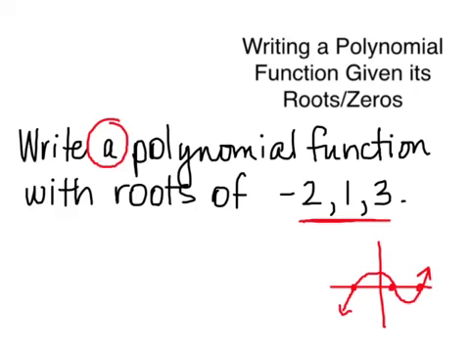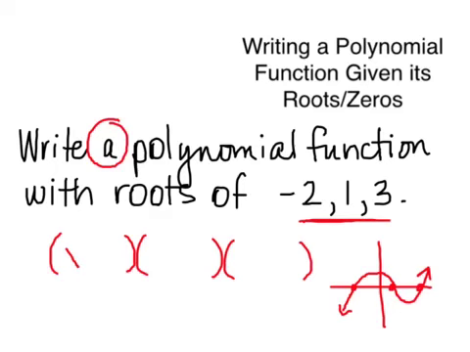So if you think about when we went backwards and found the zeros of the function or the roots of the function given the polynomial, we always tried to factor it first. And so we're just going to go backwards, and if we put these back into factors, think about what they would have looked like before they became -2, 1, and 3.